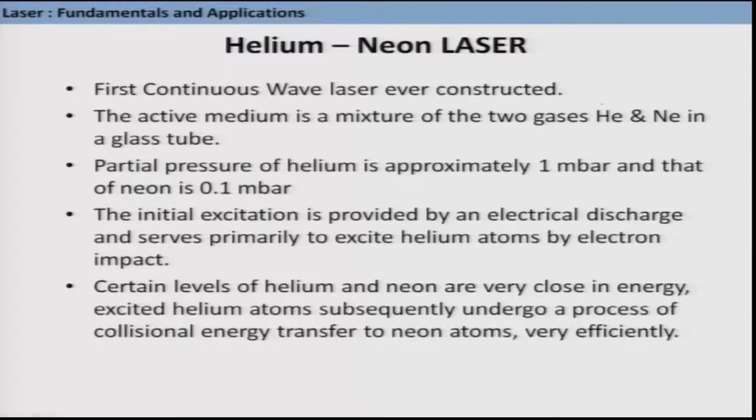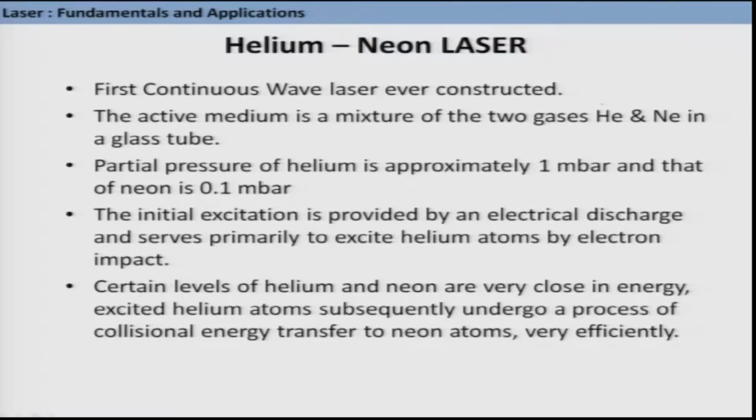Among these atomic gas lasers, the first one that we will talk about is the Helium Neon laser. I'm sure you have heard about this laser, which is all the time in short called the HeNe laser. While talking about the history of laser development, I said that this is the first continuous wave laser that was ever constructed.